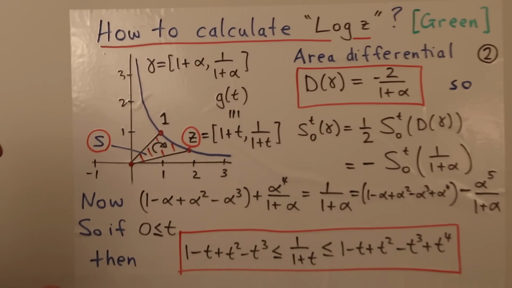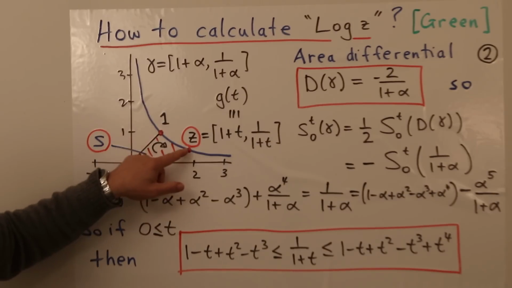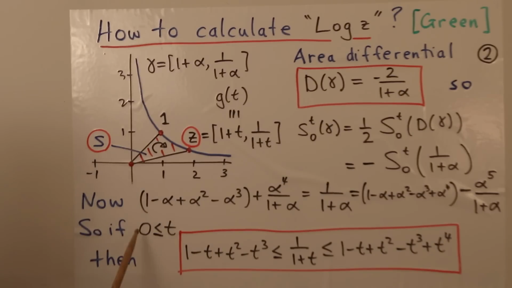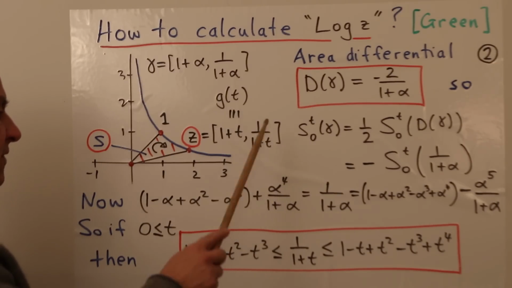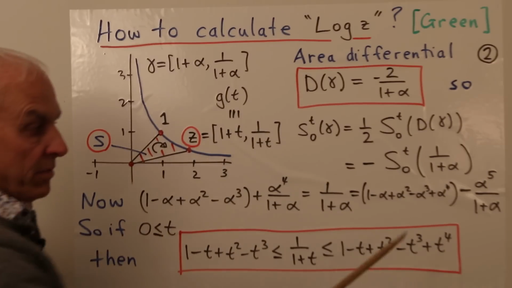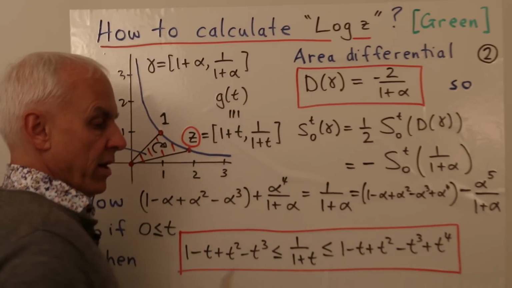So now if we look at these things and say, all right, suppose that we're thinking about alpha as being some number t, and suppose that t is positive, so that it's in this region here. Then what can we say about these things? Well, this quantity here will be t to the 4th over 1 plus t. That's going to be a positive quantity. And similarly, this is going to be a positive quantity.